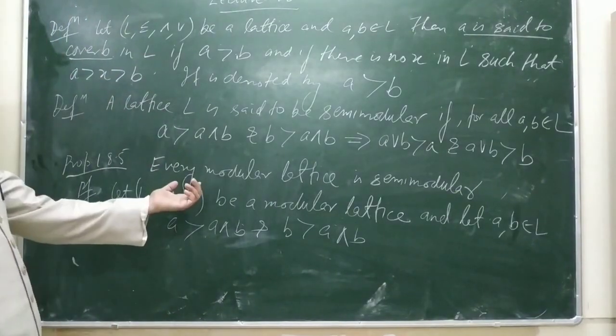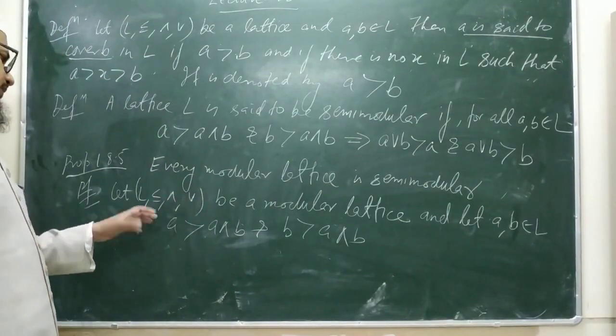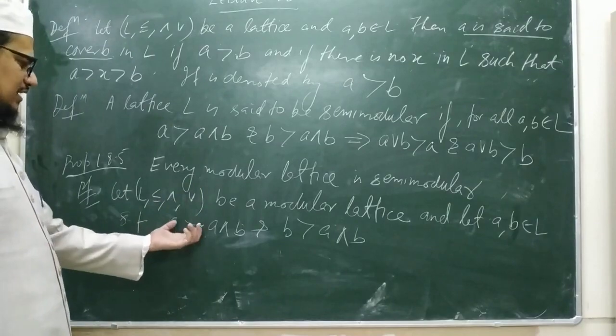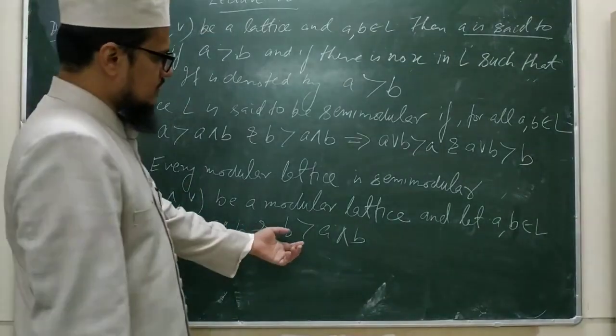So basically we have a modular lattice, correct? Now we suppose A covers A meet B and B covers A meet B.